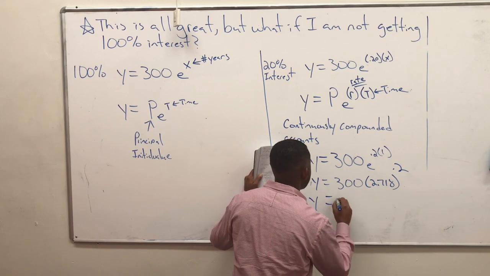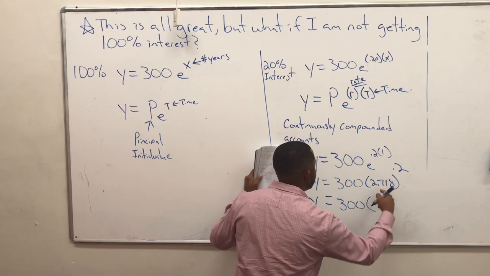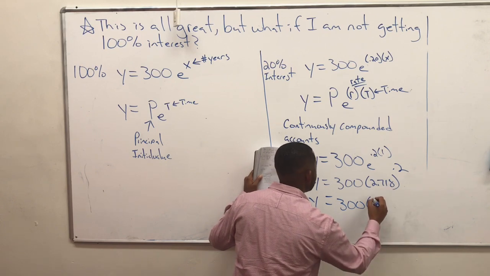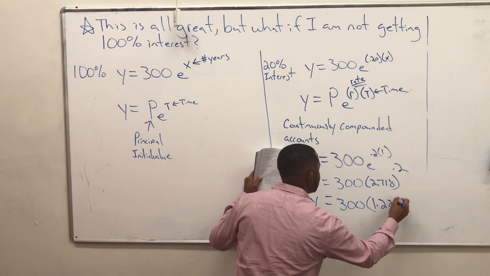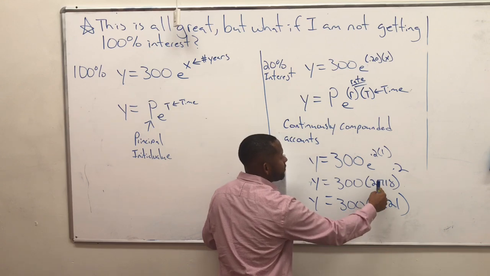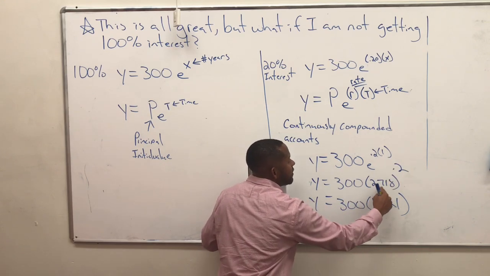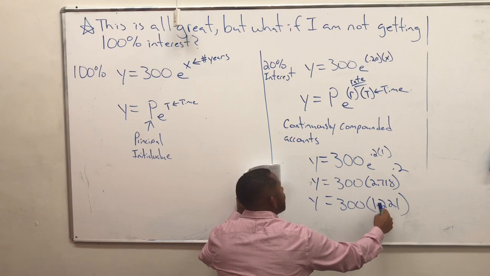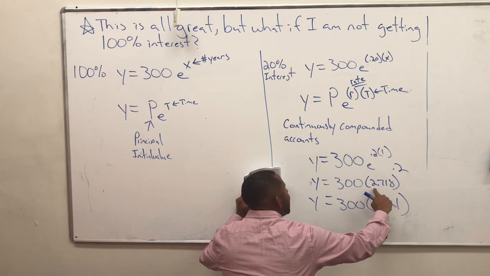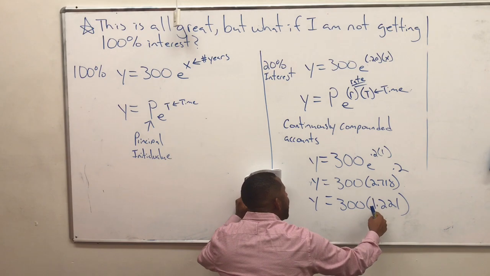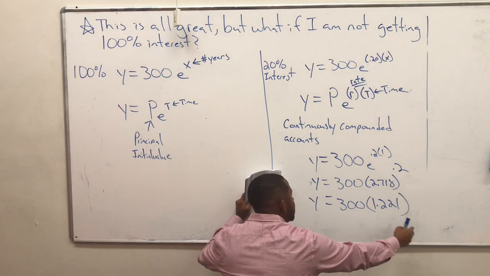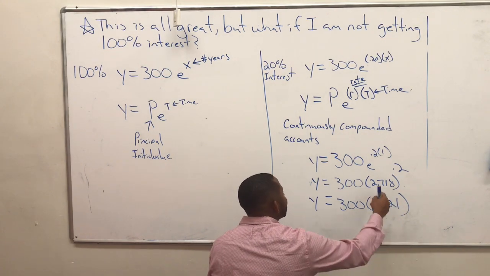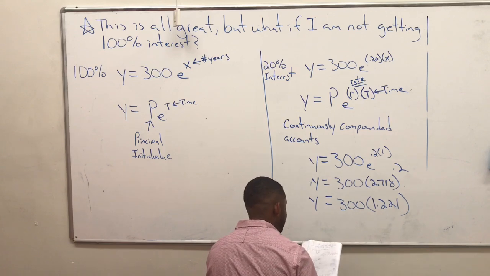Which is y equals 300 times 1.221. And that makes sense, right? This is how much I would have made if I was getting 100% interest, but I'm only getting 20% interest. So I'm not taking 300 and multiplying it by 2.7 or so. I'm only multiplying it by 1.2 or so.